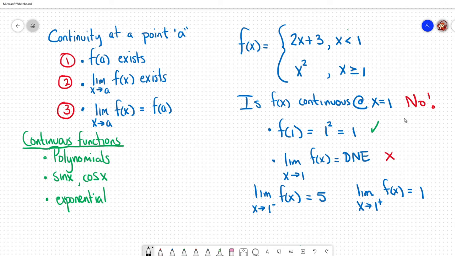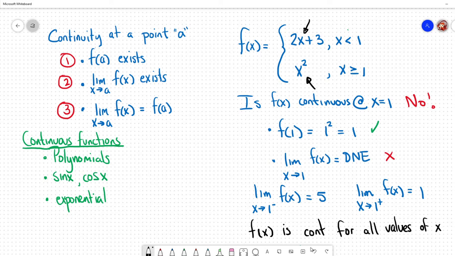Now, outside of this point, the function is continuous everywhere else, because we do know this piece is continuous, this piece is continuous. So if I wanted to really describe the function f of x, I would say f of x is continuous for all values of x except at x equals 1, because that's the part where the jump happens.